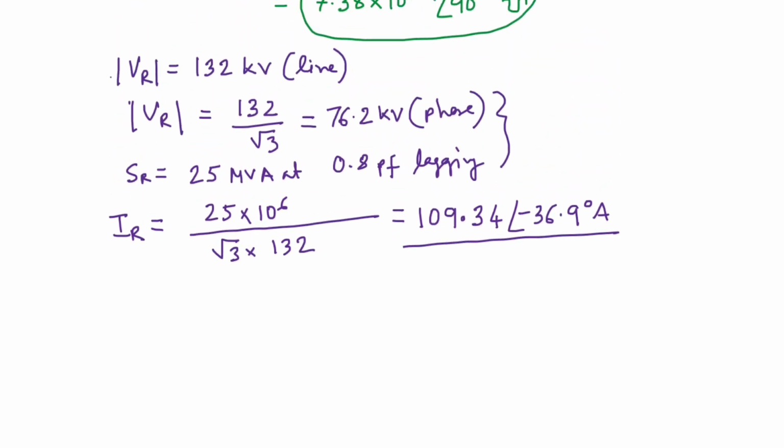So we have got VR, we have got IR. From these two we can calculate VS. VS is equal to AVR plus BIR. Now what is A? A is equal to 1 plus YZ by 2.